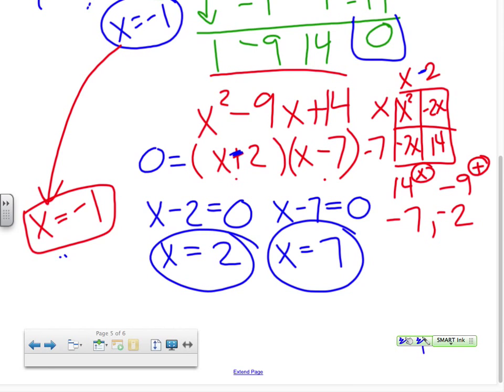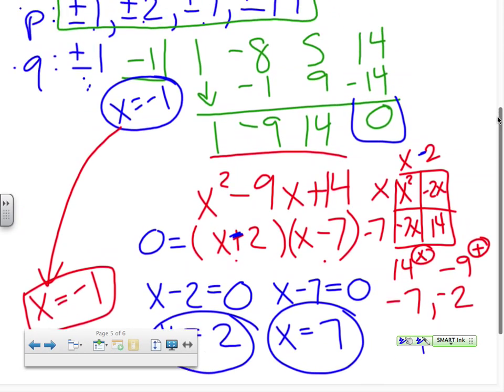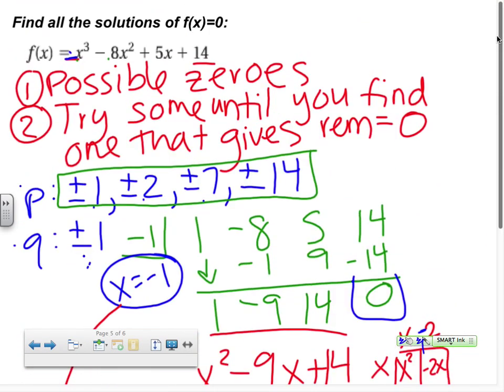So I have -1, 2, and 7. Those all showed up in my original list of the possible zeros I could have found. You just kind of do some work to figure out which ones they are.